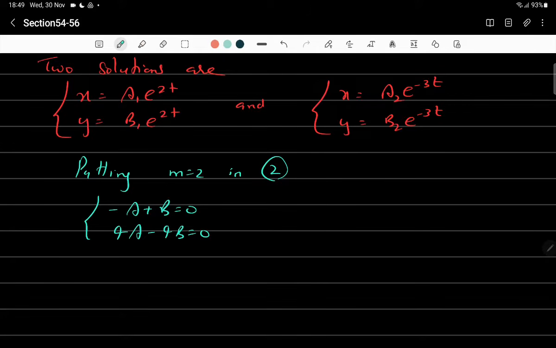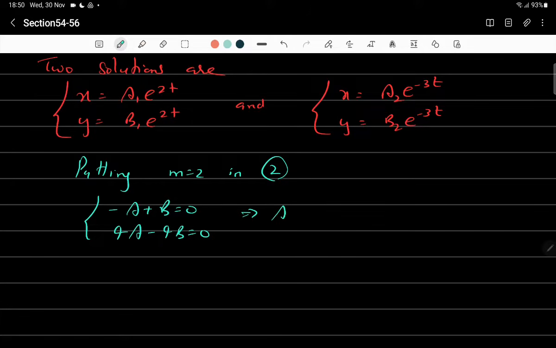Now one interesting observation here is that I will always get both these equations the same. This is because for the non-trivial solution I am assuming the determinant to be 0, which means that in two variables you will get two parallel lines, and that's why for the infinitely many solutions you will always get the same equation.